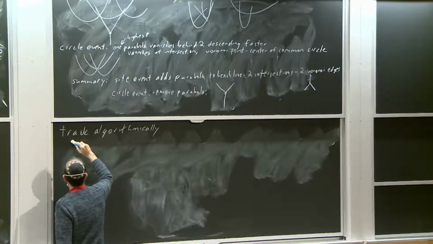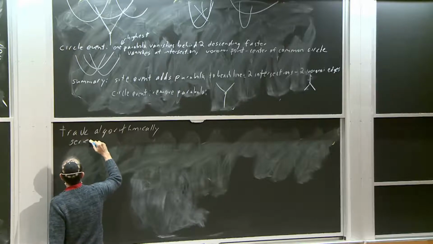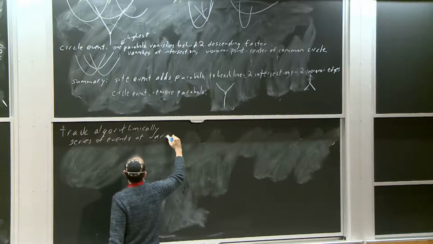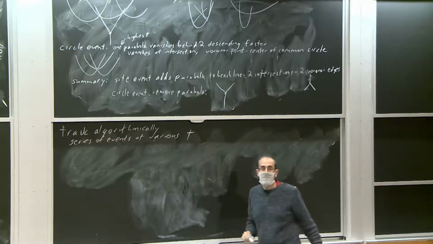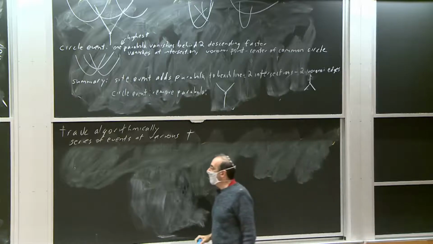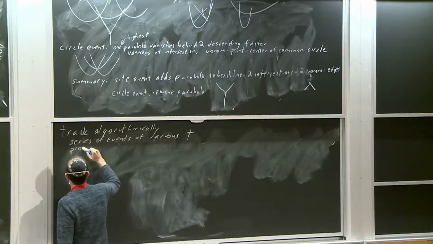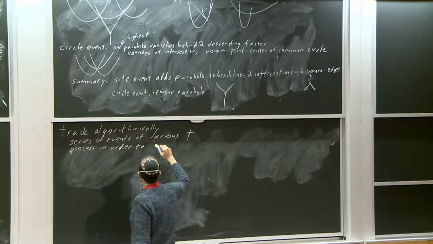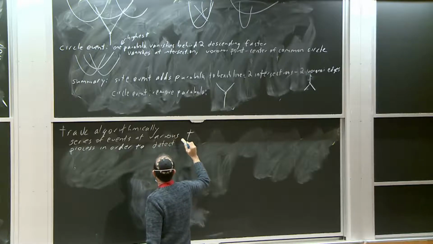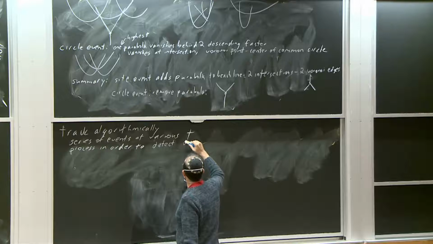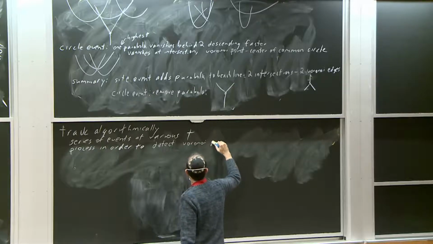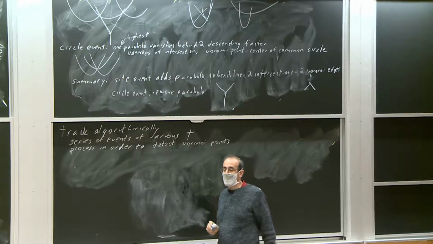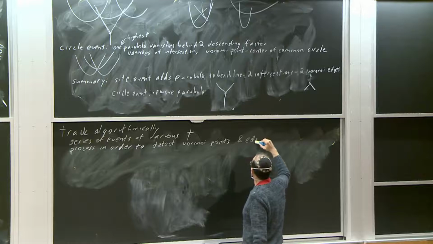I mean that we have this series of events at various values of t as the sweep line is going down, right? And what we need to do is process them in order to detect new Voronoi points as they appear, okay? And edges between those Voronoi points.